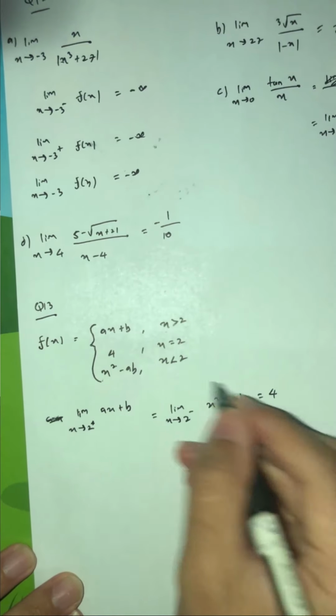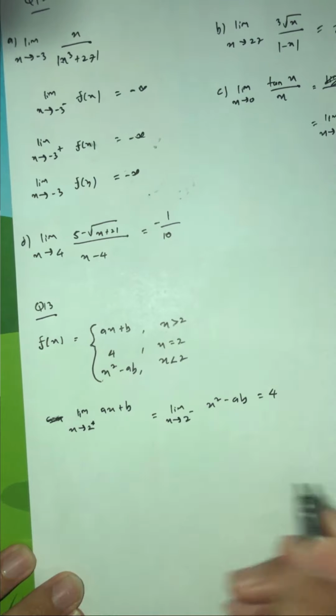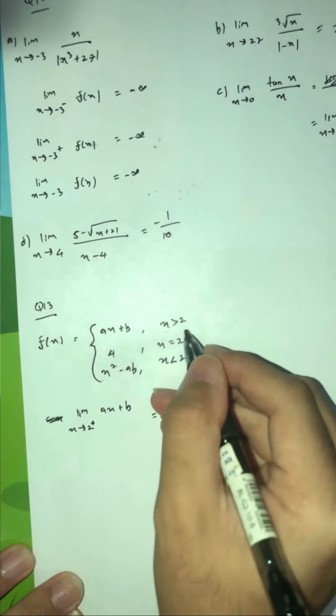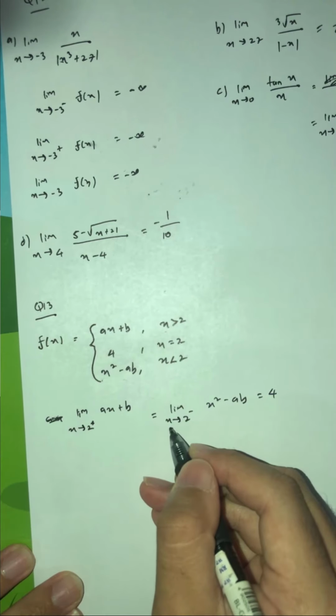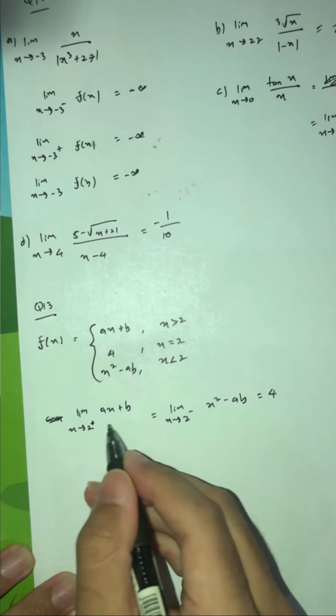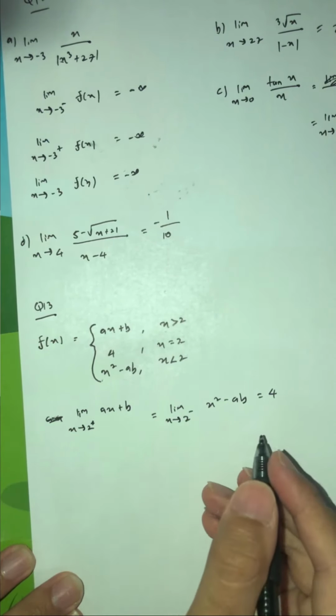Because the limit of x approaching 2 of 4 is still 4. So ax plus b is x approaching 2 positive because it is more than 2, and x approaching 2 negative because the range is less than 2. So you solve this limit, and you equate everything, right?